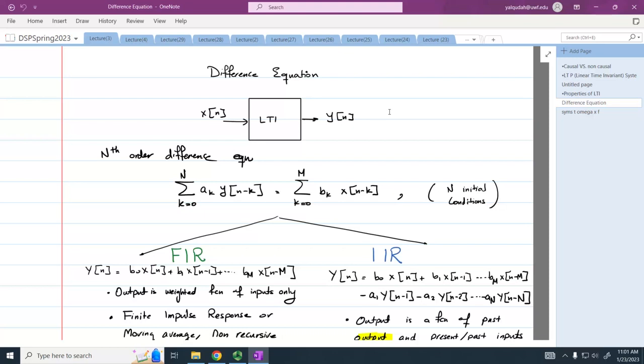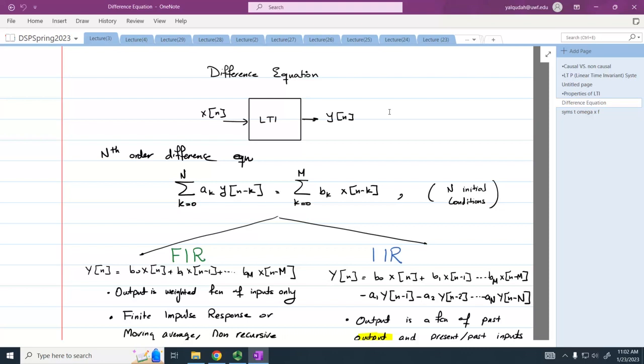Make sense? The output only depends on the input. It does not depend on the output. For the IIR filter, the output depends on the input and on the output. Make sense? So you can see how we have recursion or feedback in the IIR filter. The output depends on previous or future outputs. Here, the output only depends on the input.